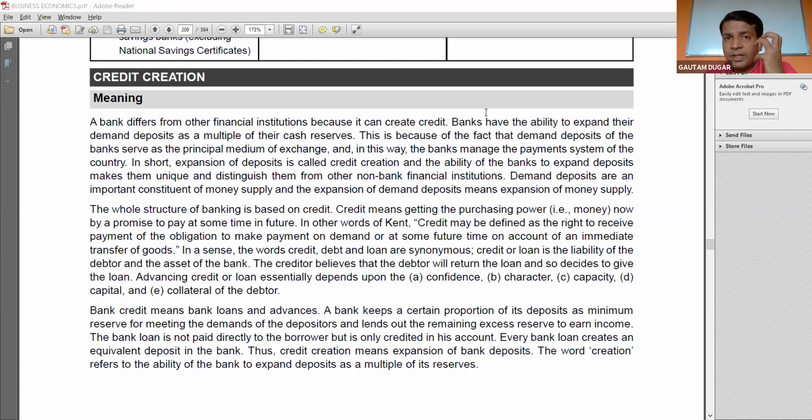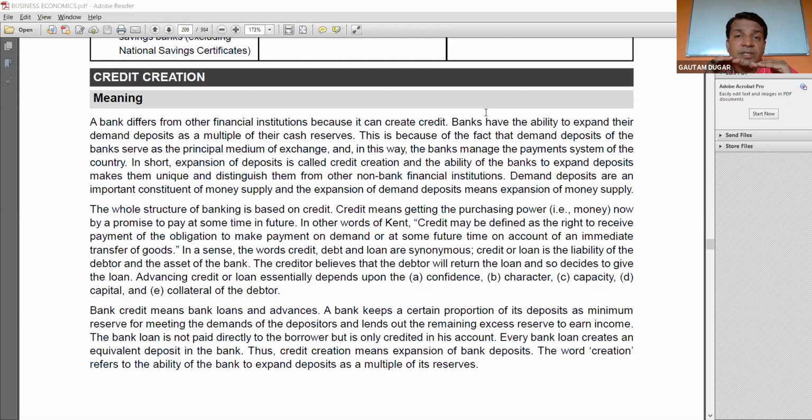That means if you come across a multiple choice question that if the CRR and SLR are increased, then what will be the effect on credit creation? The credit creation will come down. The amount of credit created in the economy will come down.